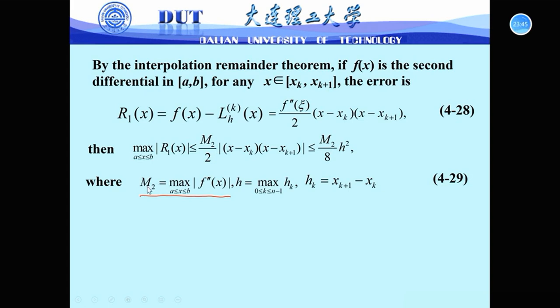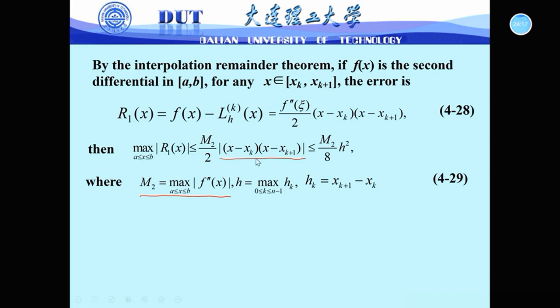This is a constant M2, multiplied by the absolute value of (x minus xk)(x minus xk+1). Then by this formula we can compute its maximum value, because it is just a quadratic polynomial. So it is easy to obtain its maximum.